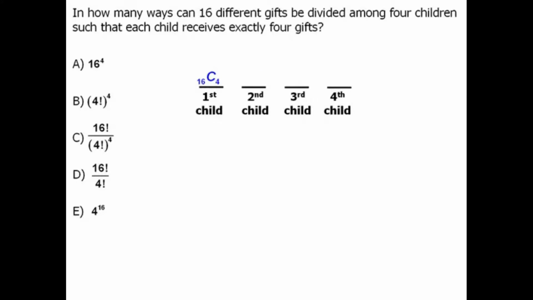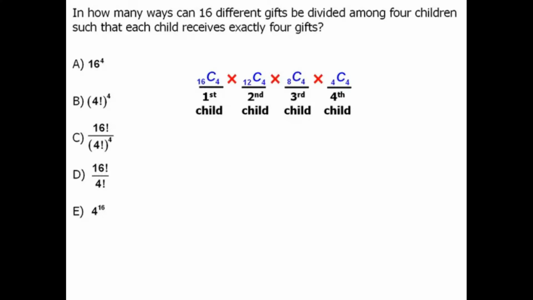This can be accomplished in 12 choose 4 ways. Now we have 8 gifts remaining, so we can give the third child 4 gifts in 8 choose 4 ways. And finally, with 4 gifts remaining, we can give the last child 4 gifts in 4 choose 4 ways. So the total number of ways to accomplish the entire task will be the product of each individual stage.